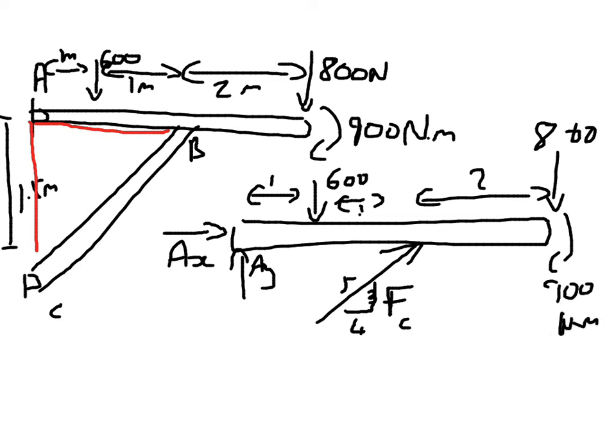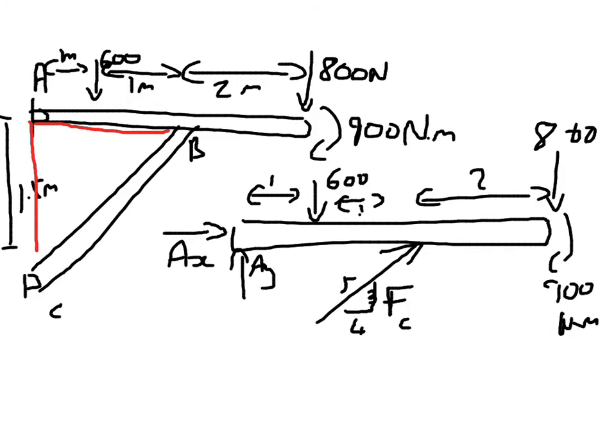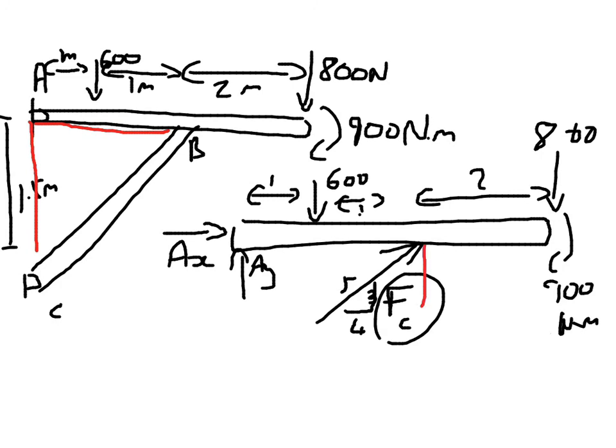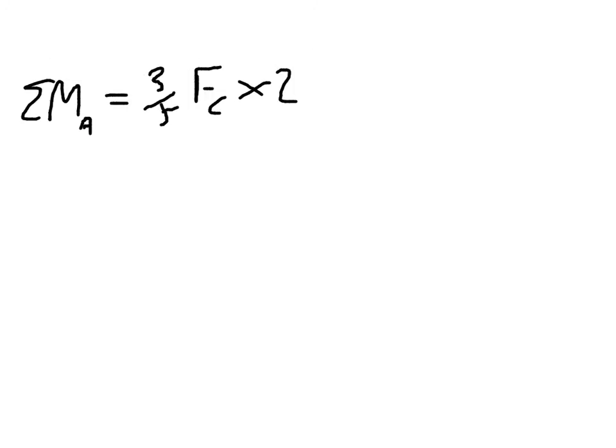The first thing we do, exactly the same as before, is do our sum of our moments. So the sum of our moments about A, again because we've got 2 unknown forces at A, is going to be 3/5 of force C, so this force down here, times 2 because it's acting 2 meters from the beam, and we're only interested in the Y component because that's the only bit that's going to have a turning effect.